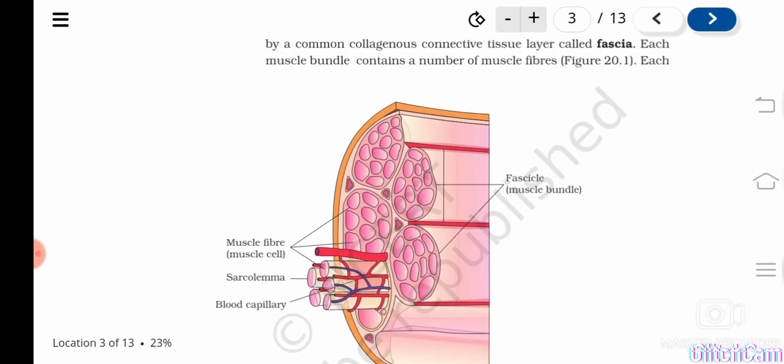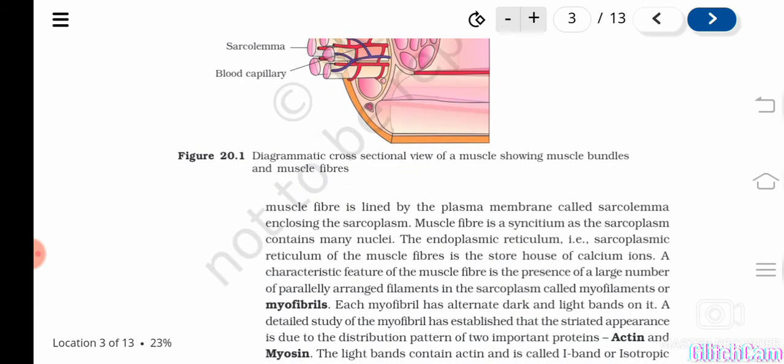In each fascicle there are a number of cells called muscle fibers. A muscle fiber is an animal cell with a plasma membrane known as sarcolemma, and the cytoplasm is known as sarcoplasm. Many nuclei are situated in them.